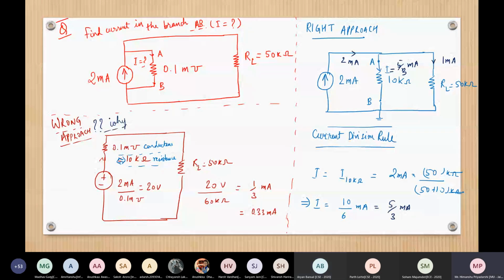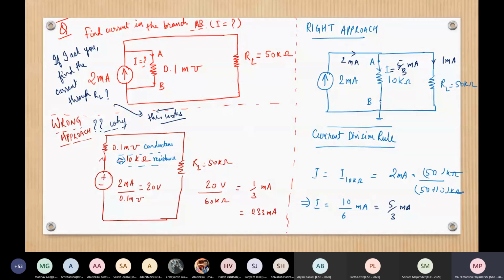See, the problem is that if I change my question, okay, if I ask you, find the current through RL, then this works.